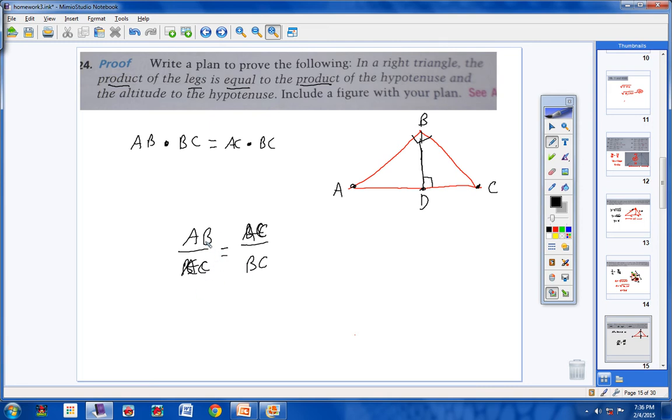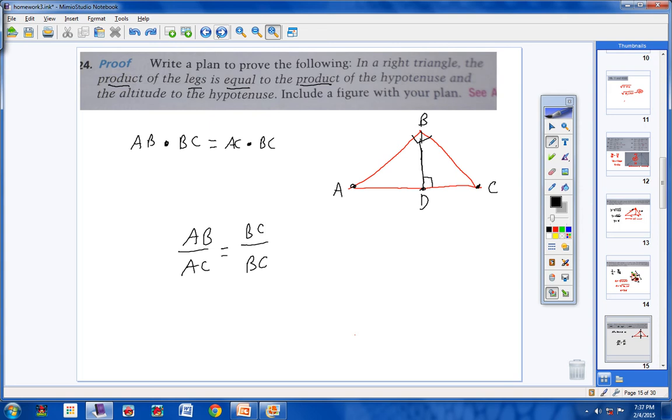AB times BC equals AC times BD, okay? So my goal here, somehow, is to maybe get some proportions written from a similarity statement, so that when I then cross multiply this proportion, I get this right here. So that's my plan of attack, okay?